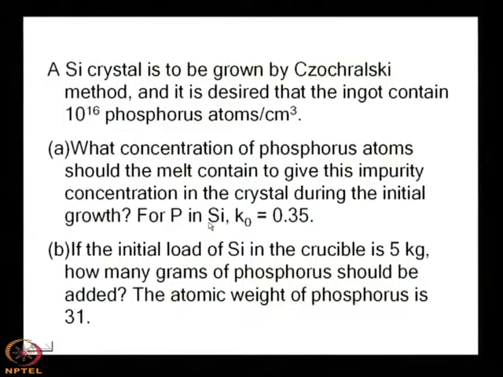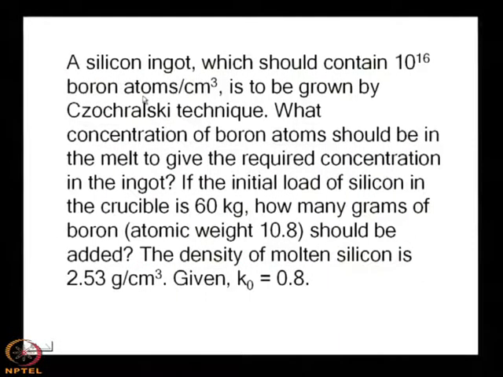There can be another kind of example, which you can practice. A silicon ingot which should contain 10 to the power 16 boron atoms per centimeter cube is to be grown by the Czochralski technique. What concentration of boron atoms should be in the melt to give the required concentration in the ingot?